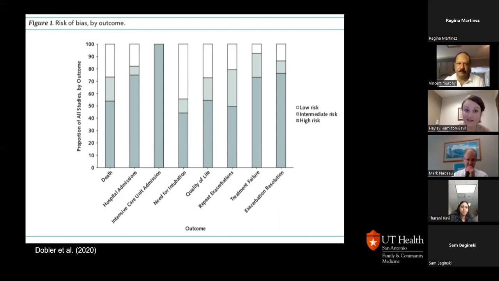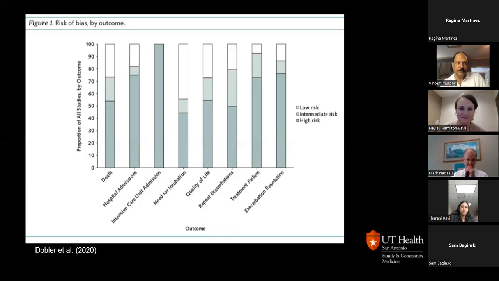Also, your source of funding for your study can definitely influence bias. However, for this one, it was funded by the Agency for Healthcare Research and Quality, and they had no impact on how the study was designed or any of the publishing or anything like that. So hopefully there's less bias in that way.